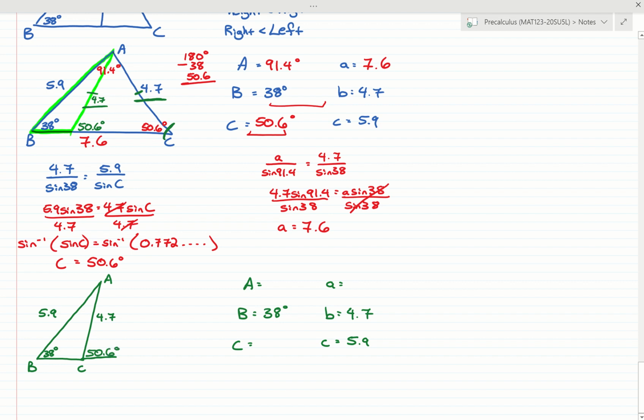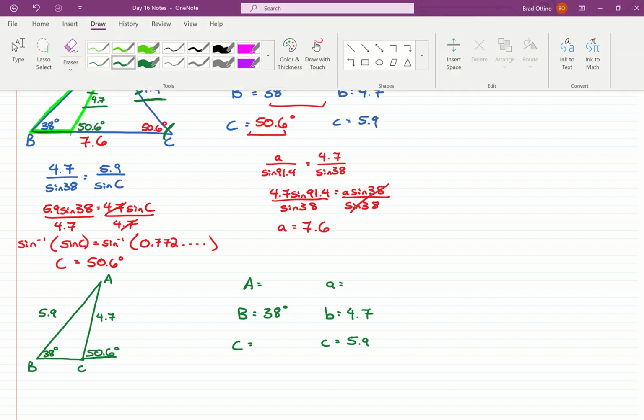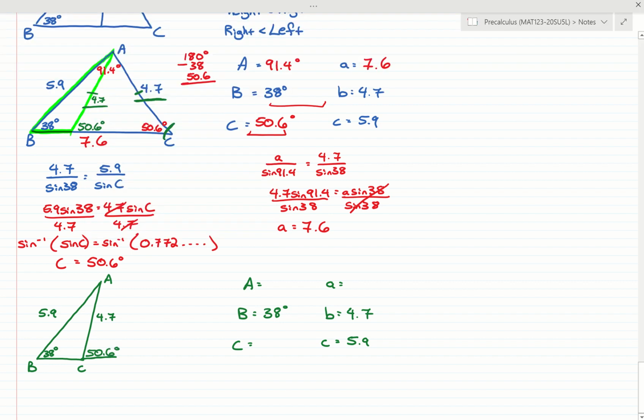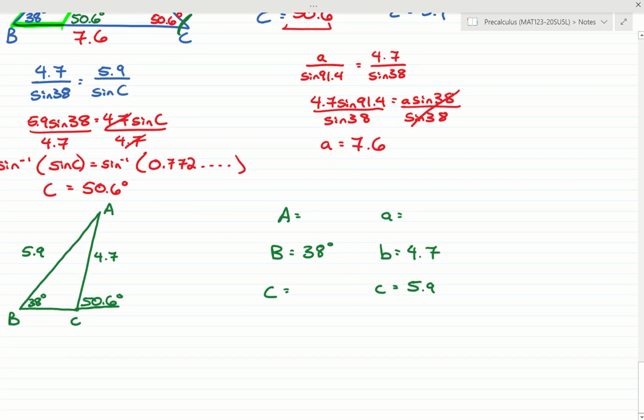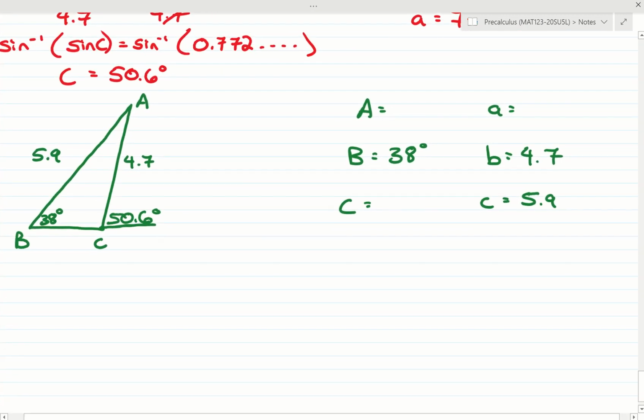If that angle is 50.6 degrees, we have a straight angle or a supplementary angle. If that angle is 50.6, angle C, because it forms a straight line, would be 180 minus 50.6.